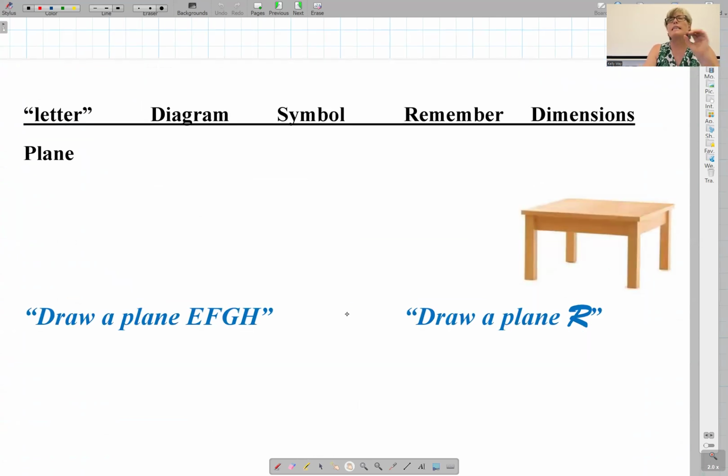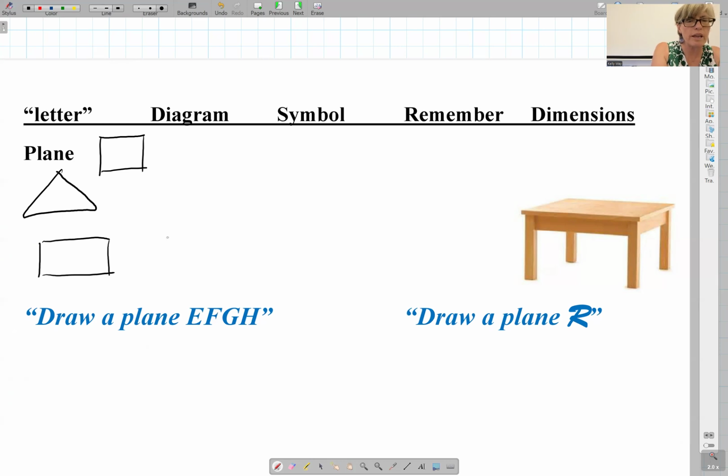Plane. A plane is any flat surface. And what you really need to understand right off the bat is that every shape you've learned over the years, all shapes are planes. A triangle is a plane. A square is a plane. A rectangle is a plane.